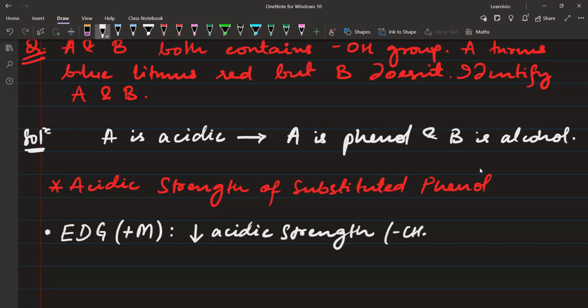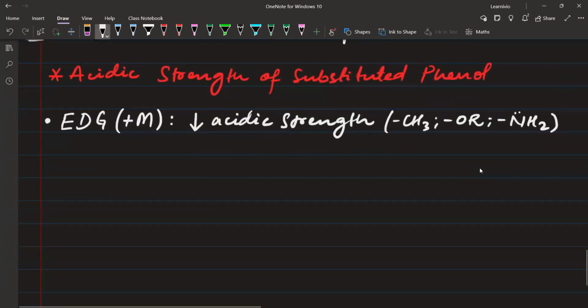Examples could be CH3, or you have any alkoxide ion, OR, OCH3, OC2H5, and NH2. Okay, so all of these things are going to decrease the acidic strength. NH2 डाल दीजिए तो फिर basic हो जाएगा, but again, we're talking about acidic strength here. You will only get the case of CH3 and OR. Okay, और ज़्यादा आपके पास यहाँ पे कुछ case नहीं आता.